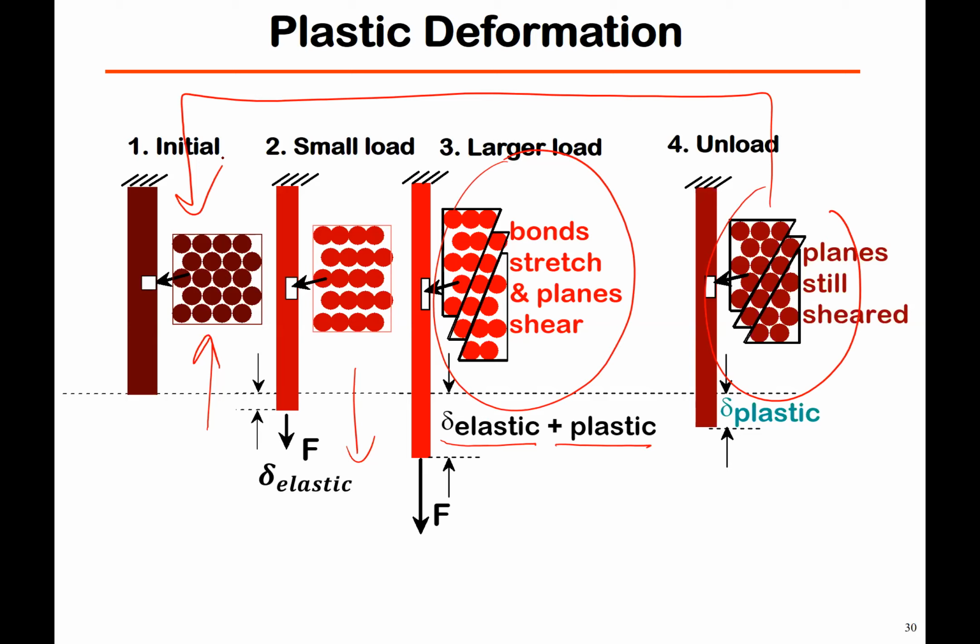So even though your material hasn't fractured and ruptured, it's still irreversible deformation because you've broken some bonds, but other bonds have reformed. So atomically, what it looks like is this schematic right there. Okay. So that's the atomic difference between elastic deformation that's recoverable and plastic deformation that's not recoverable.